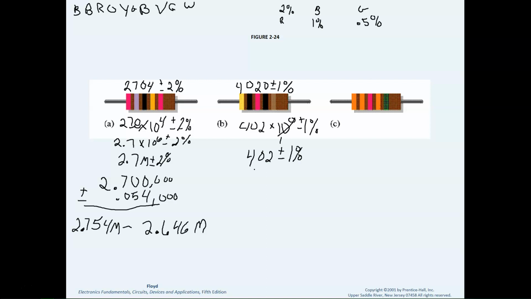So when you multiply 402 times 1% in your calculator, you should see you've got 402 plus and minus 4.02. A couple decimals behind that. Let me write my 2 here, trying to make this as legible as I can for y'all.